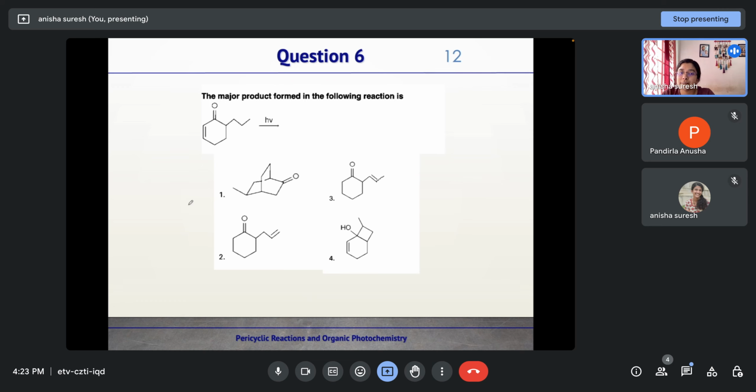Now coming to question number 6. The major product in the following reaction is. So what sort of reaction will be taking place here? So we have a ketone in the presence of photochemical condition, or in the presence of light, it will undergo transformation and it will give one of these four products.